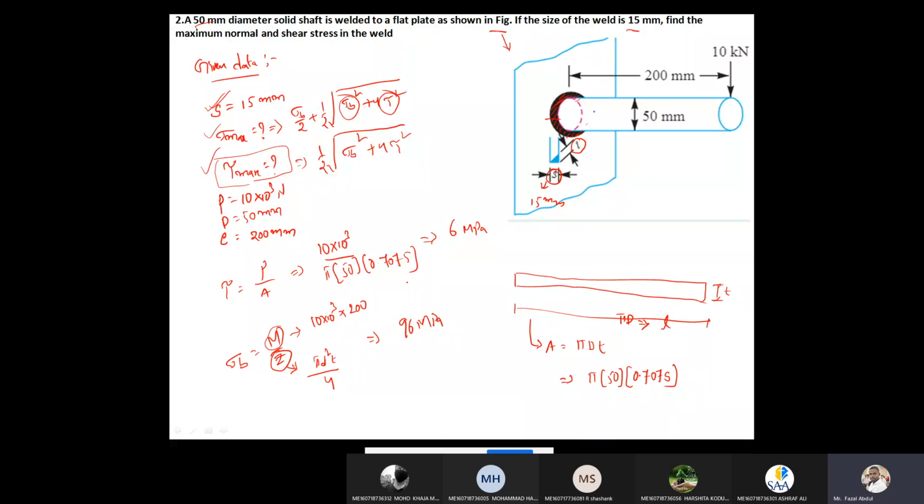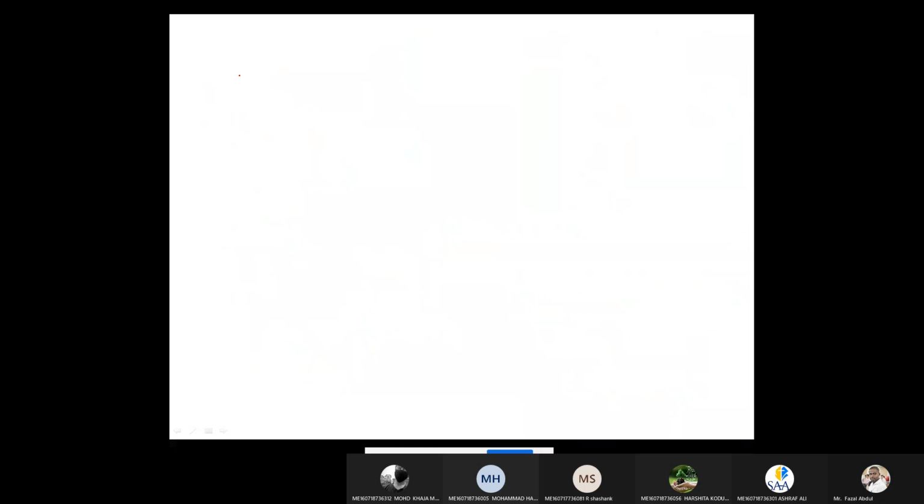So both values we calculated. Just substitute in the equations. First one, as per maximum principal stress theory. What is the equation? Maximum stress equals sigma b by 2 plus 1 by 2 into square root of sigma b square plus 4 tau square.